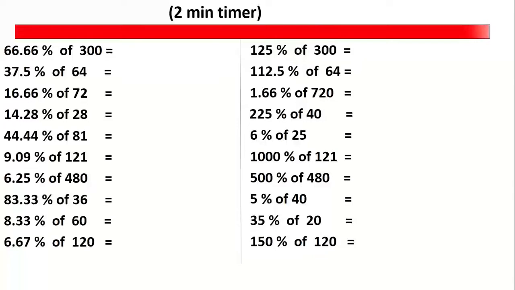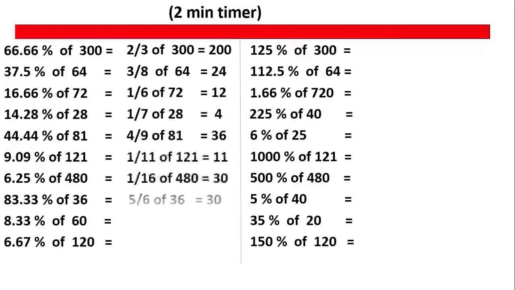Let me show you the solutions of these questions as well. So as discussed, these fractions are nothing but the percentages that we have already learned. So percentage into fraction and fractions into percentage.